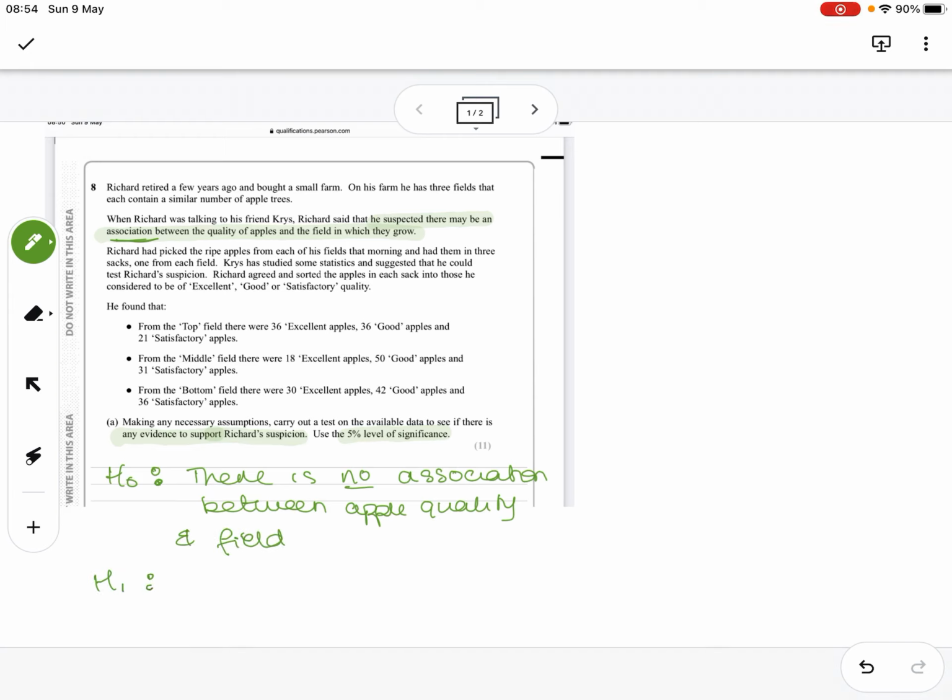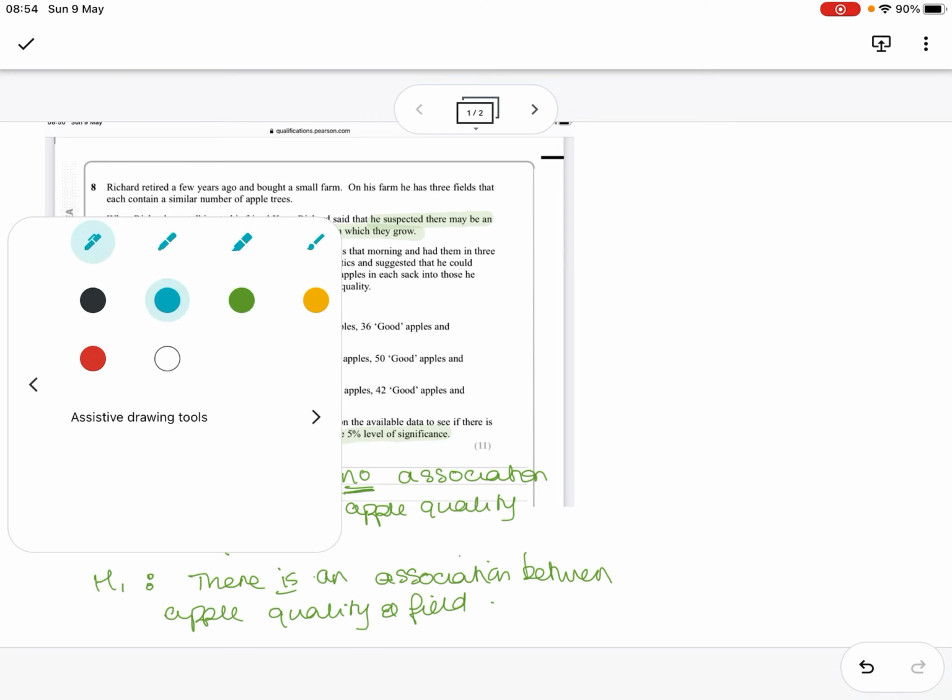And H1: there is an association between apple quality and field. So basically the H0 goes with the no. That's what I say: say no to the H0.